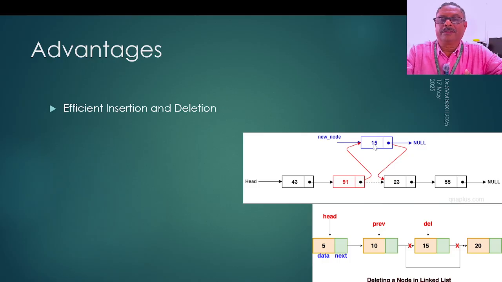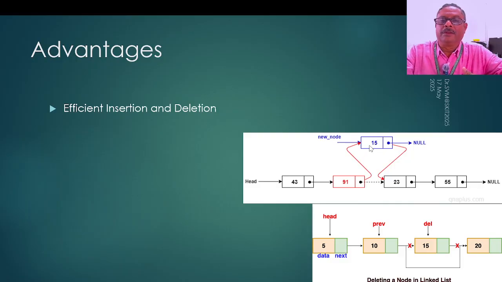What we can do is create a new node and add the new data to that new node. Its next, which was supposed to be null when we initiated this new node, instead of null, we just write the address of this particular node. So we create a connection to this node, and from this node, earlier the next node was this node. Instead of calling this the next node, we call this the next node.